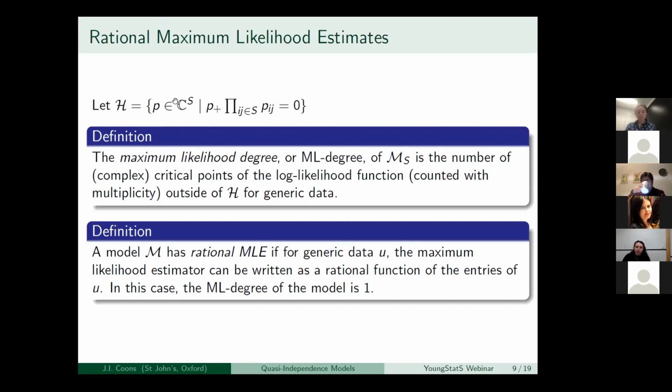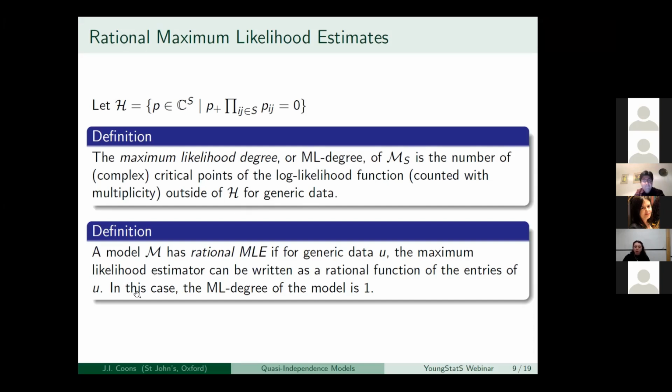So I'll let H denote every P in C to the S in this space where either the sum of the coordinates is equal to 0 or one of the coordinates is 0. We count the critical points outside of these hyperplanes for generic data with multiplicity.